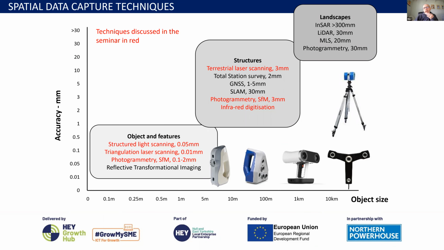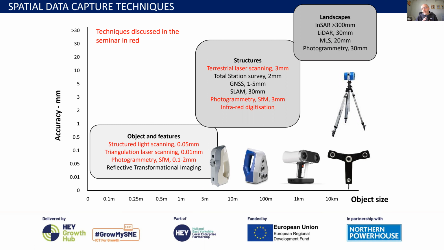So I'll start off with scanners before I come on to 3D printers, because we're very interested in how we actually capture data, or capture geometry. And we use a range of scanners that allow us to capture objects that are both the size of a button, right through up to a cathedral.